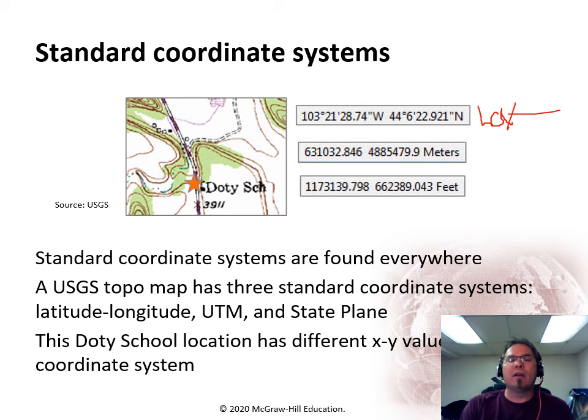Distances west are typically represented by negative numbers, and south are negative numbers too. You could also have that same point be in some planar coordinate system in meters or some planar coordinate system in feet, depending on your needs.